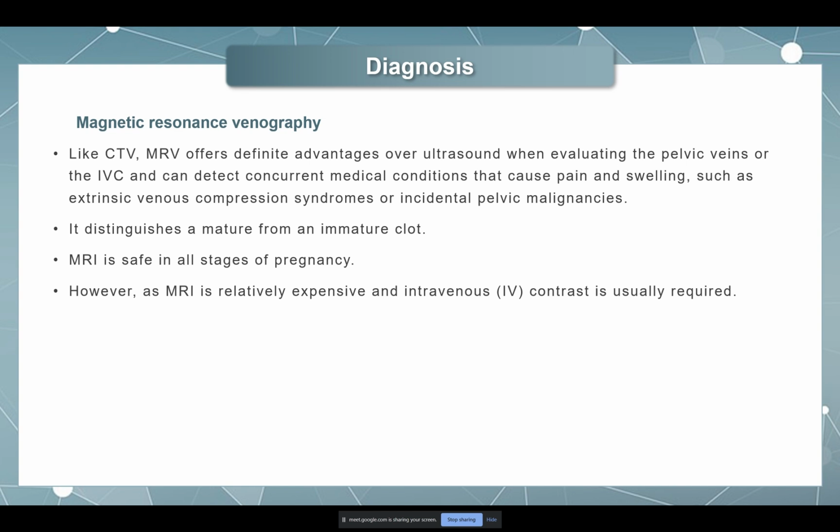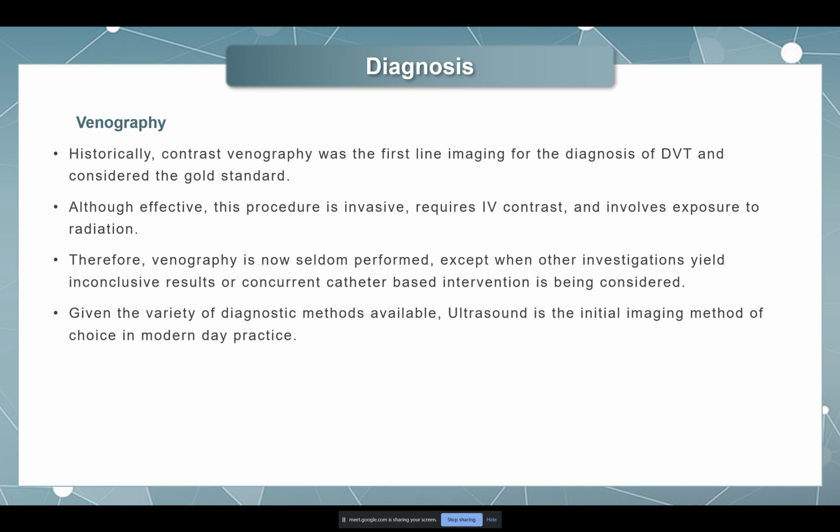Next is MRV. The benefit is like CTV, but it can distinguish a mature from an immature clot, and is also safer in all stages of pregnancy. But it's also very expensive and involves IV contrast. So this one we seldom consider. Venography is a first-line imaging for the diagnosis of DVT and is considered the gold standard.